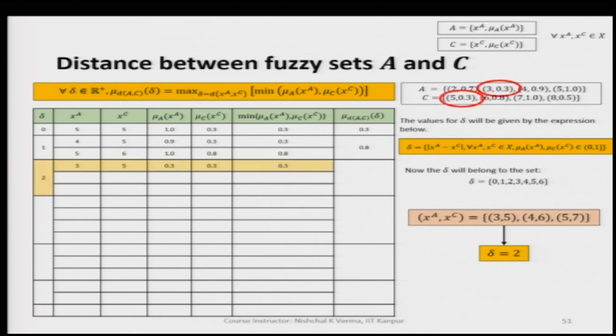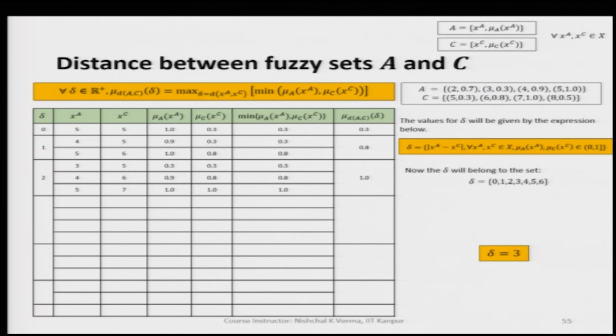Let us quickly enter these values here, and we know how we enter them. When we take the maximum of these we are going to get 1. So, corresponding to delta is equal to 2, we get its membership value as 1.